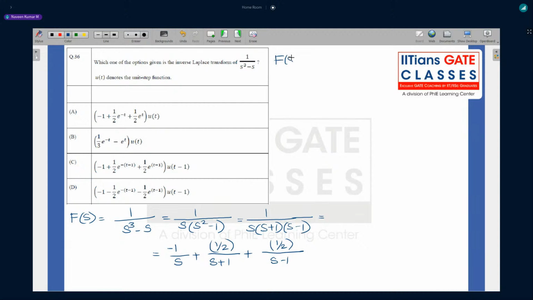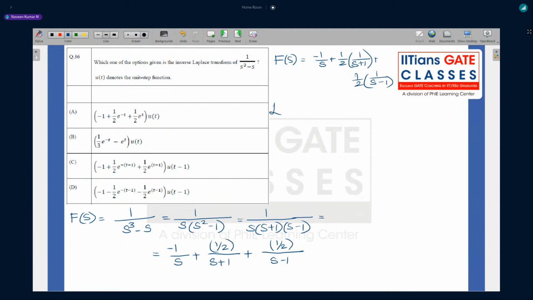F of s is equal to, I can write from here, minus 1 by s plus 1 by 2 into 1 by s plus 1, plus 1 by 2 into 1 by s minus 1. Now I want the inverse Laplace.